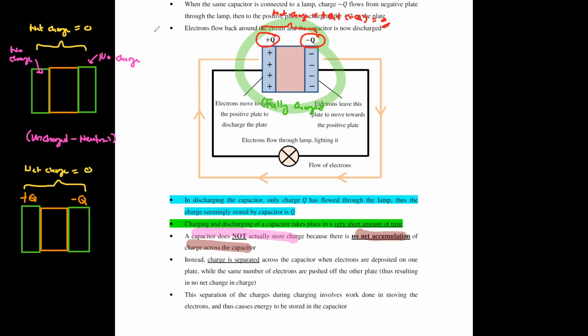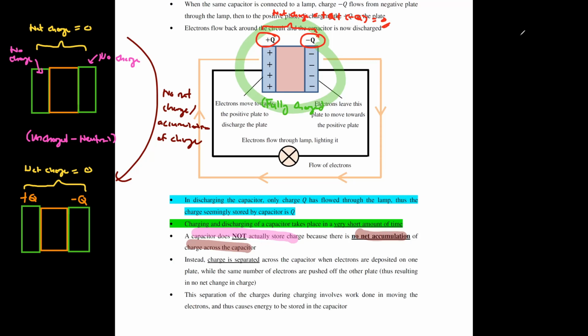So from here to here, there's no net change or accumulation of charge. That's why we cannot simply say that your capacitor is storing charge. If you're just talking about one plate itself, yes, it is storing charge on one plate. But across the whole capacitor, it is actually not storing charge.